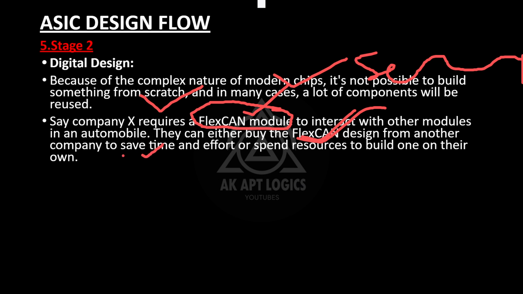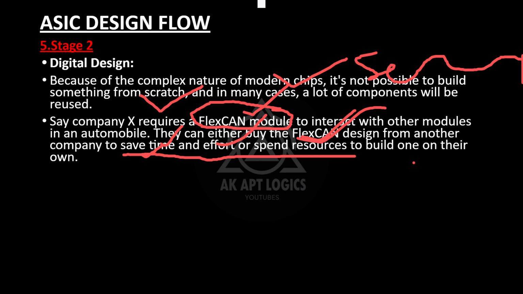When we buy that particular design, we save our time, right? And effort, and we don't spend resources to build it on our own. So when we buy, time is saved, effort is saved, and money is saved, because we won't assign other people to that work.